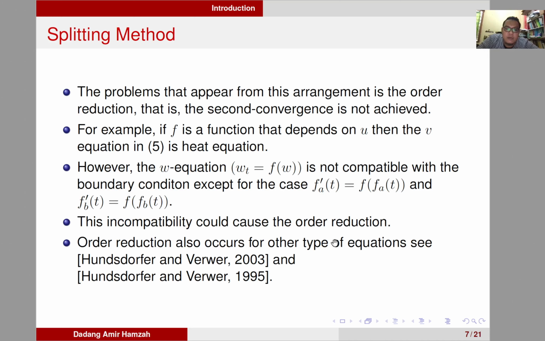However, the W equation is not compatible with the boundary condition, except for the case where the derivative of f equals the reaction function. This incompatibility could cause the order reduction. Order reduction also occurs for other types of equation, such as advection diffusion equation, and other cases can be seen in Hundsdorfer and Verwer.